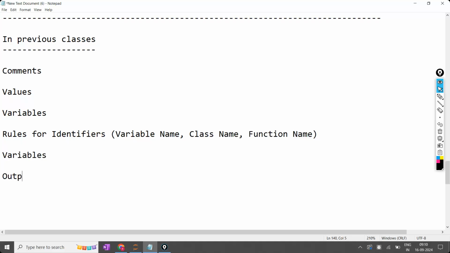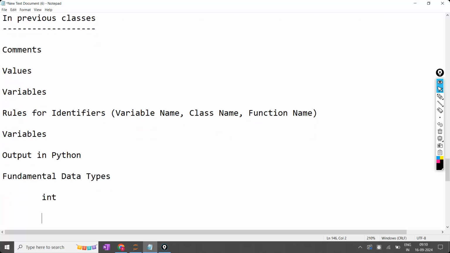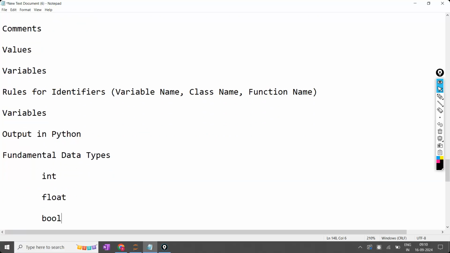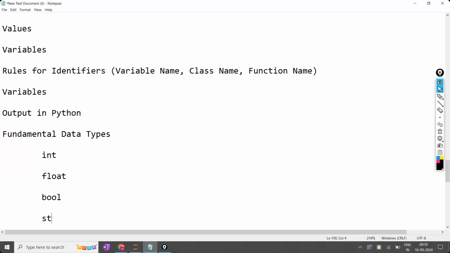We also discussed output in Python, that is the print statement and how it works. Then we moved on to the fundamental data types: int, float, boolean, and string.